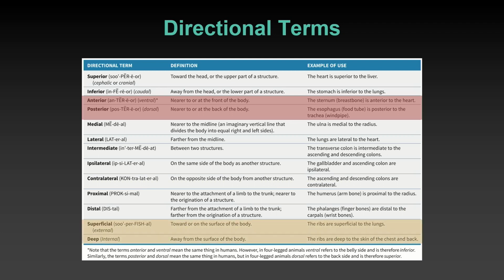Another that we couldn't see on the last slide that comes in handy, describing levels in relation to the surface, are superficial and deep. So the skin is superficial to the rib cage. Well, I'm not. Maybe I'm going anterior, but what if I'm talking about on the mid-axillary line, on the side of the body?